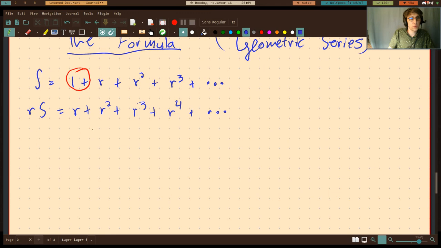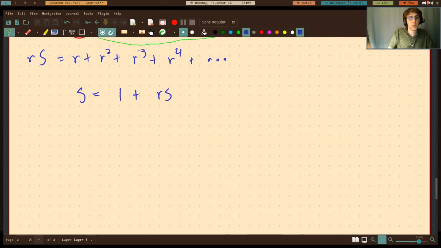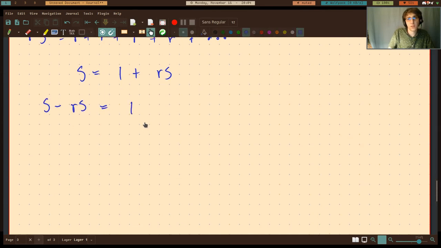So just like before, we're going to do a substitution. This part here is r times s. So s is 1 plus r times s. We're going to subtract rs from both sides. We're going to factor an s out on this side.